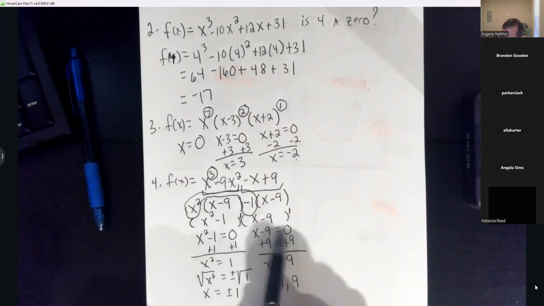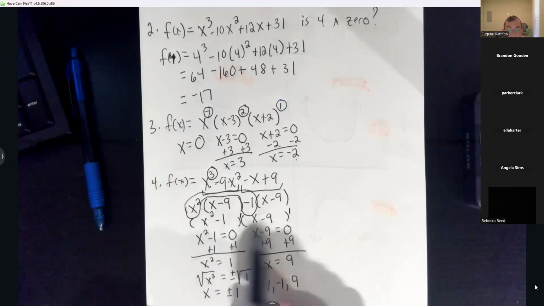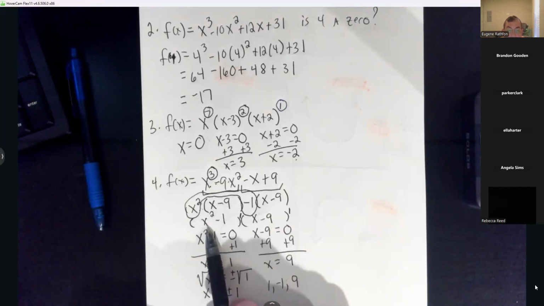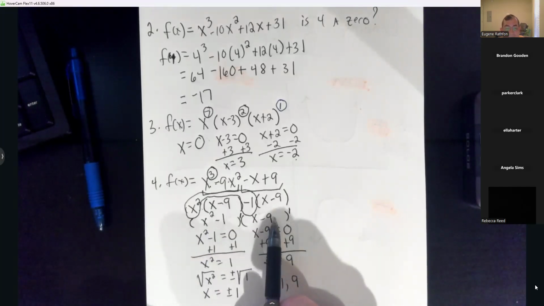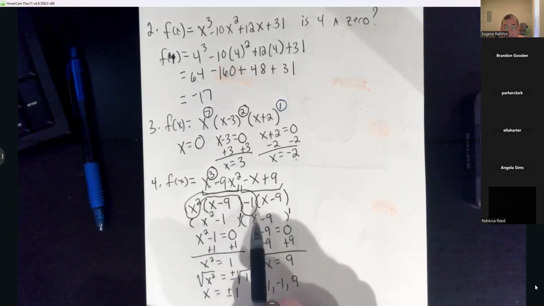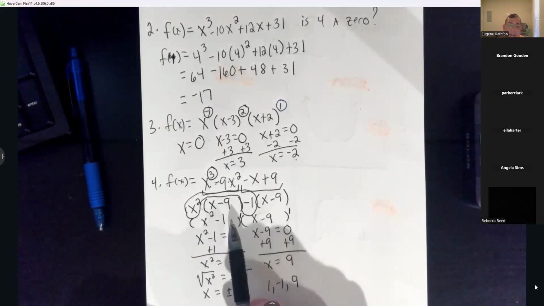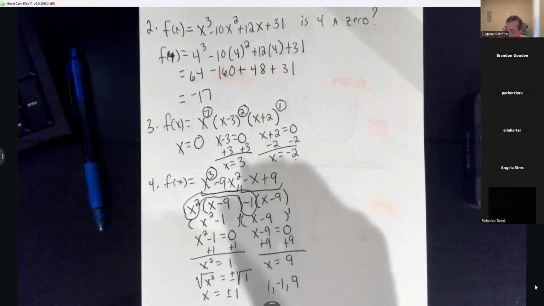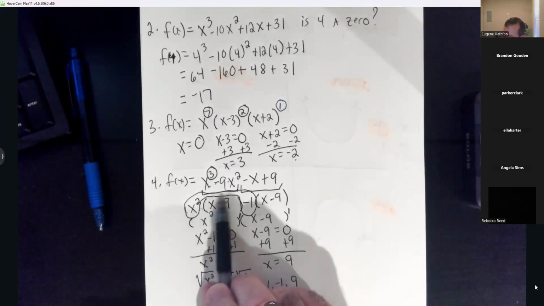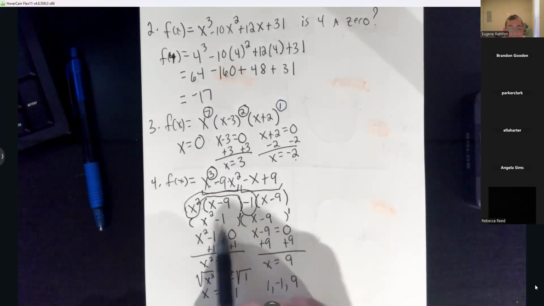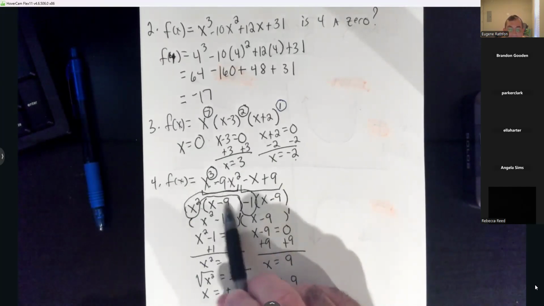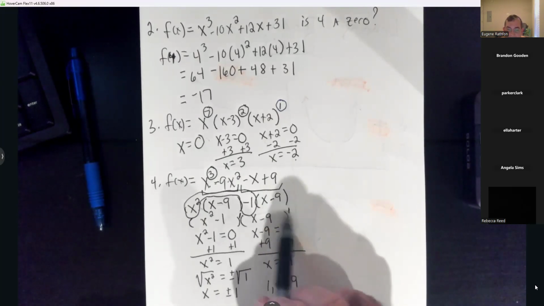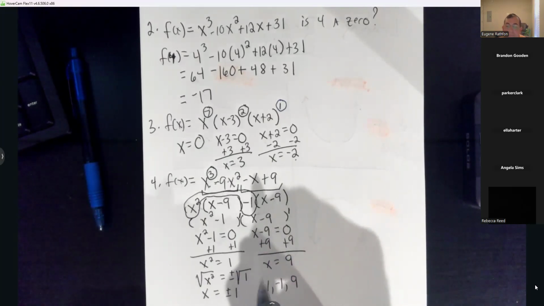If you were going to FOIL this, you would do x squared times x minus 9, and then the negative 1 times x minus 9. So you're just going in reverse on that, okay? The outside becomes one parentheses, and the stuff inside will always become your second one. Okay, that makes sense. Thank you.